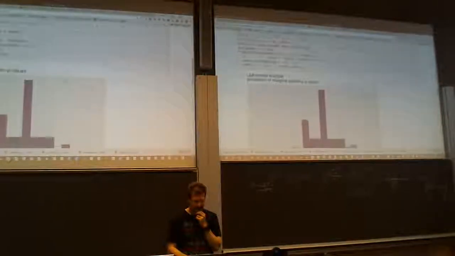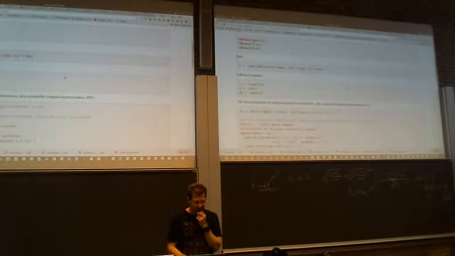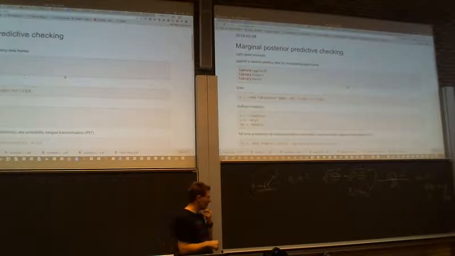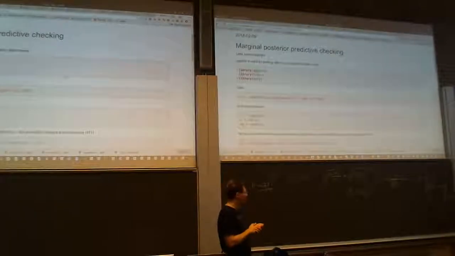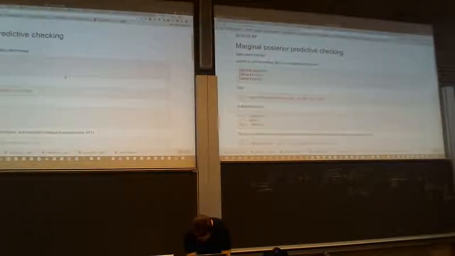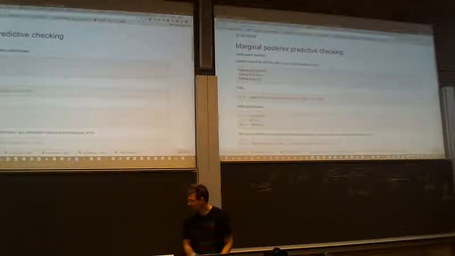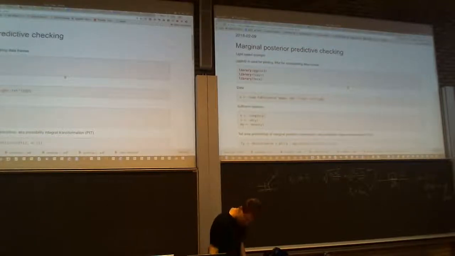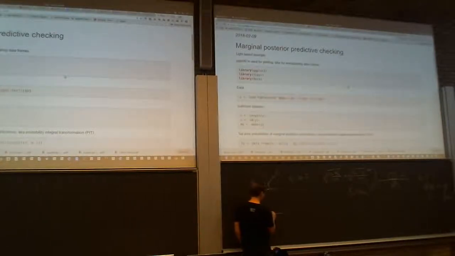Here, with this marginal posterior predictive checking, we are looking at cumulative densities. A light speed example: observation here and here, and then you have an observation here.